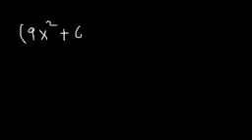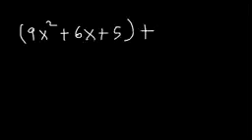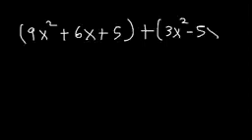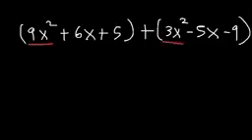Try this one. Let's say you have 9x squared plus 6x plus 5 plus 3x squared minus 5x minus 9. So notice that we can add 9x squared and 3x squared.